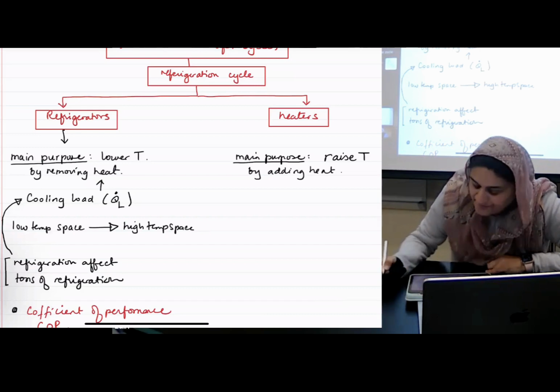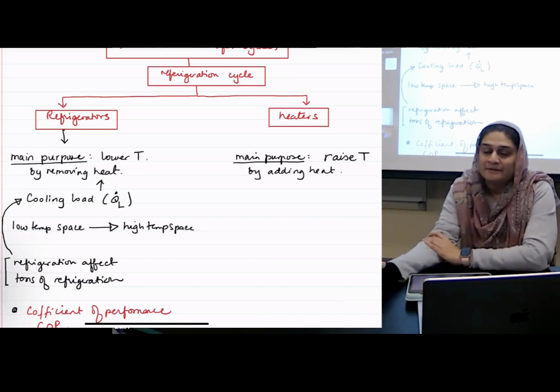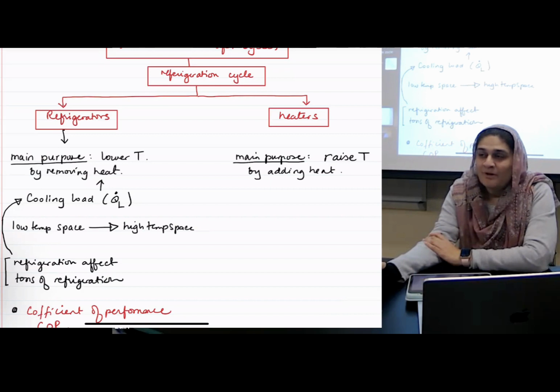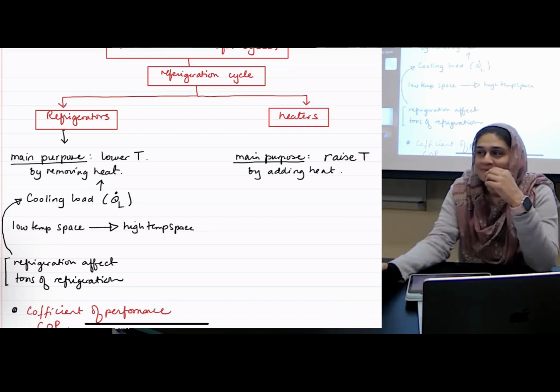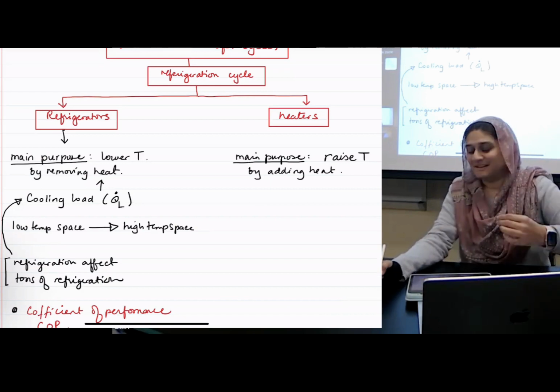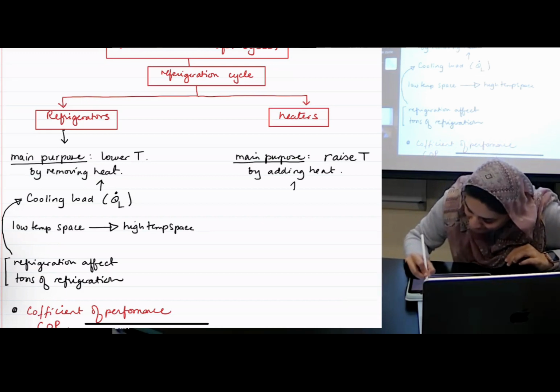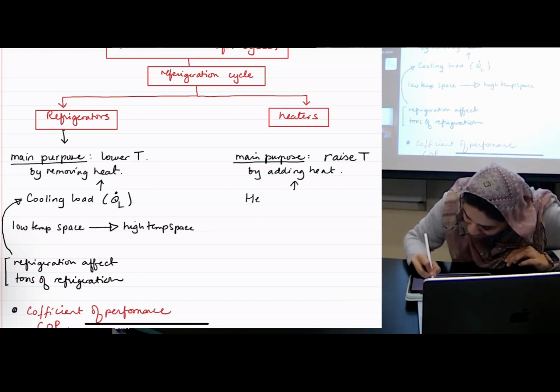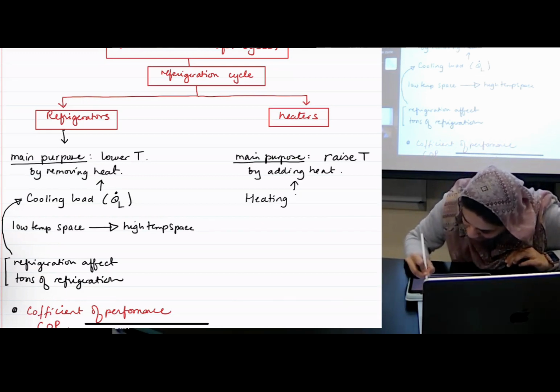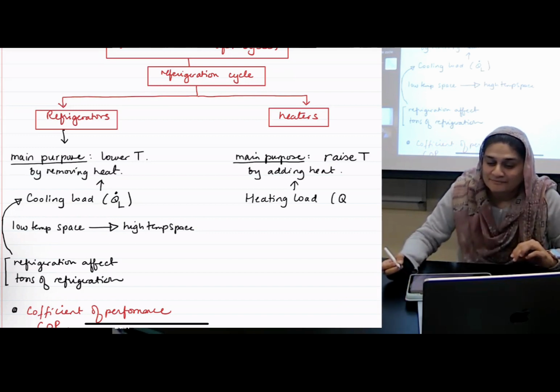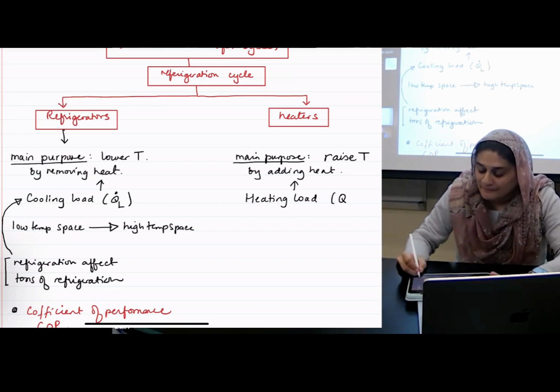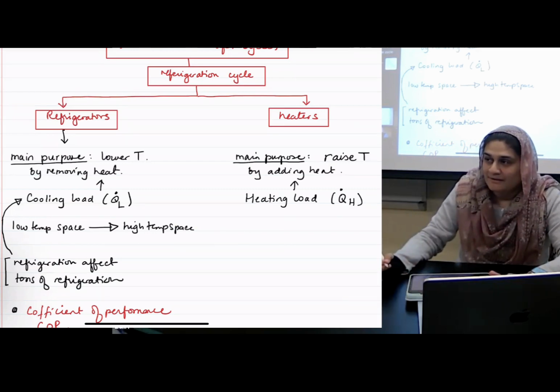So for the case of refrigerators, we called it the cooling load. What do you think we're going to call this? It's going to be QH dot. Low and high.